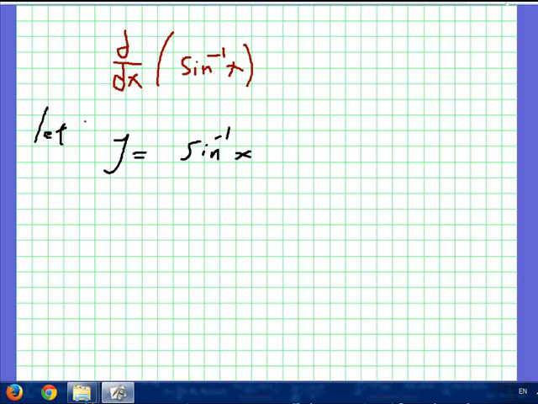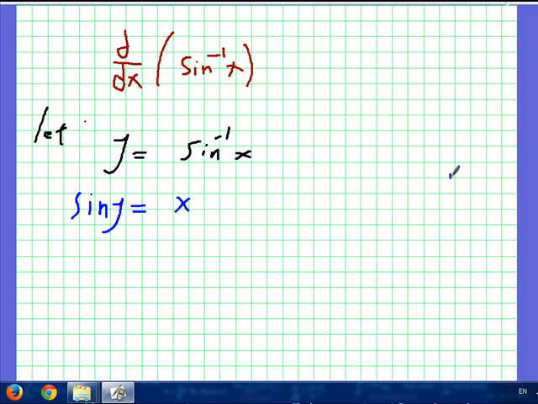Then if we take sine of both sides, it will be sine y equals x, because the effect of sine on sine minus 1 is that the function decomposes itself and gives me the element.